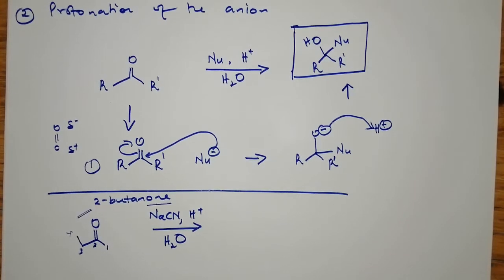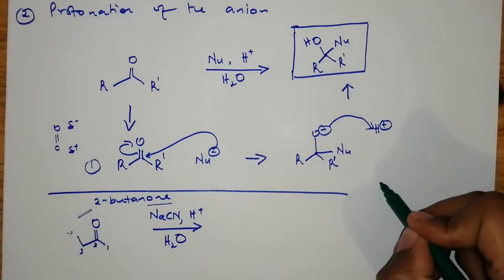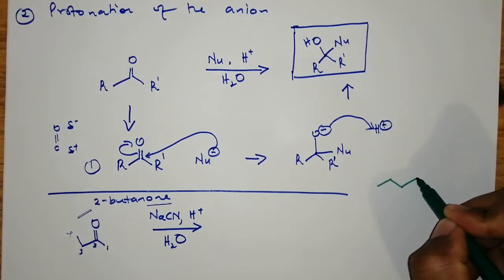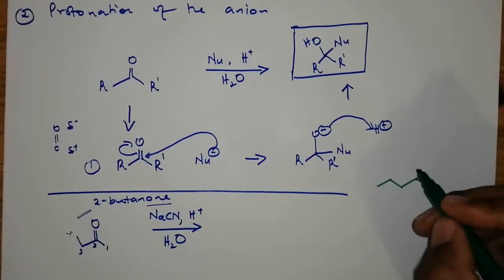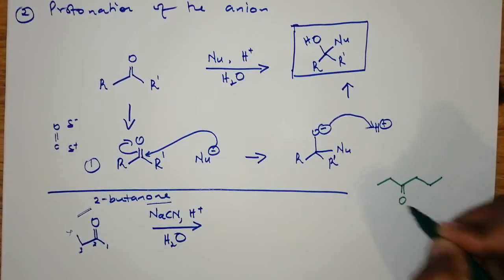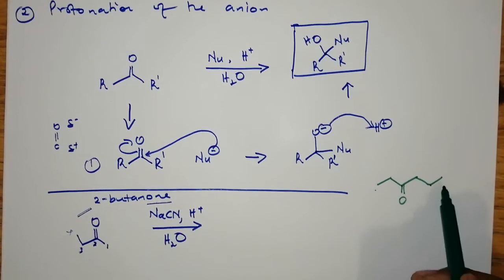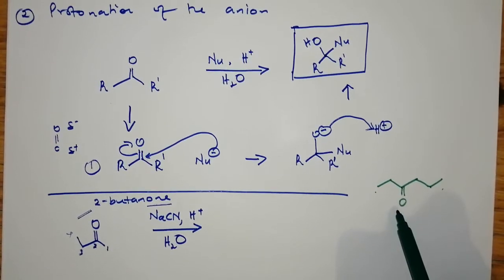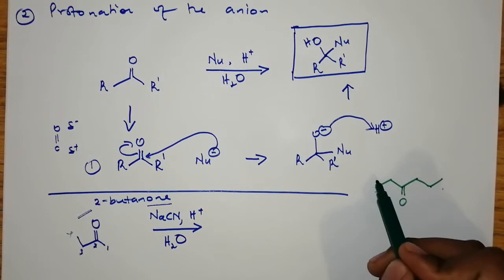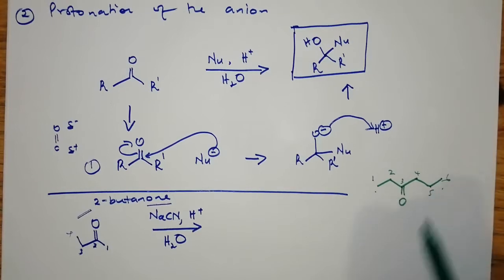If I can put it on the side as a note, let's say we had something like this, for example. Which carbon between this one and this one is closest to this carbonyl? It is definitely this one. So this is 1, 2, 3, 4, 5, 6.